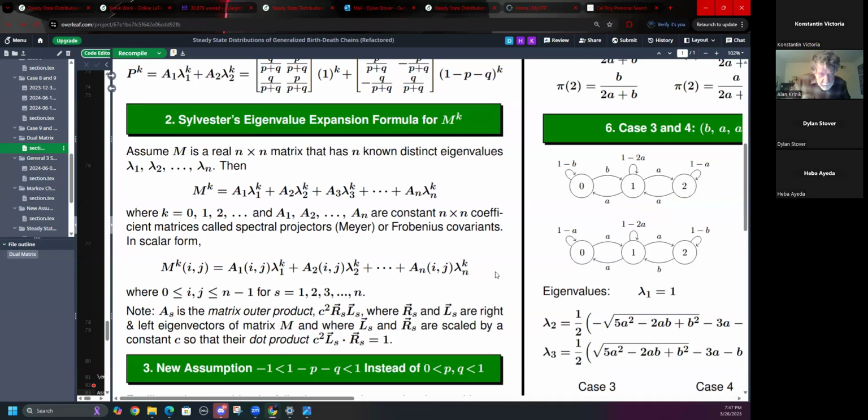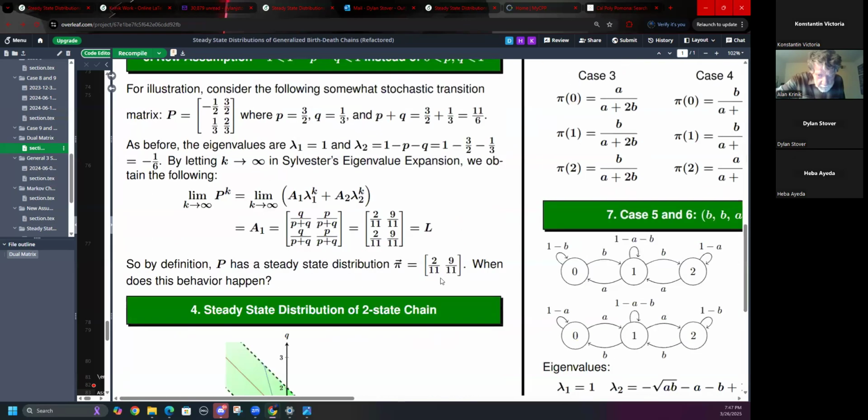This allows you just to take powers of numbers, which are much easier to do than taking powers of a matrix. So you can find M to the k by essentially putting the powers onto the eigenvalues. That's a nice part of it. Yeah, I believe I said something similar, but noted. You got it? Okay.